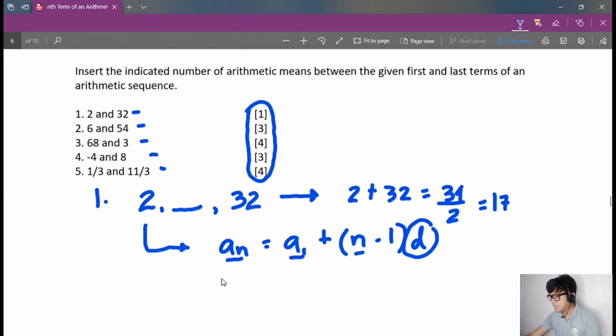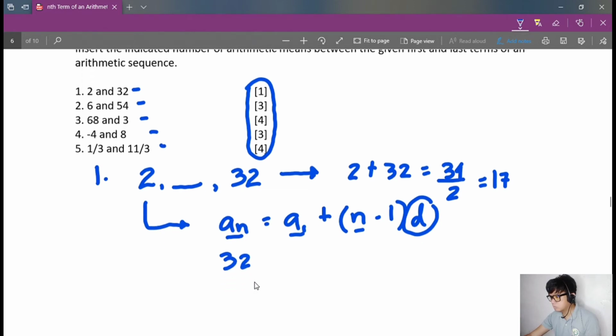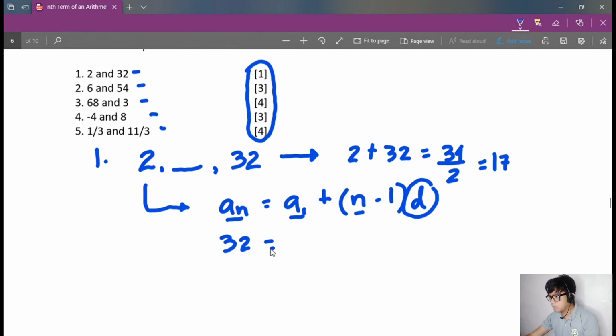So, a sub n is, the last term natin is 32. 32 is equal to first term natin is 2 plus our n is 3 minus 1 times d. Kasi yung common difference man hinahanap natin.